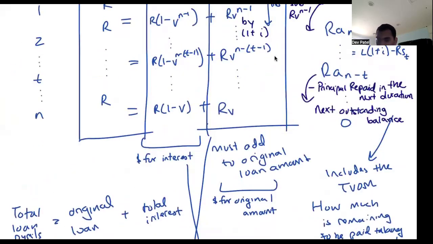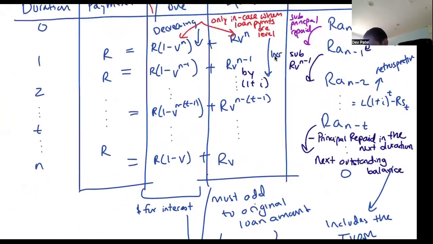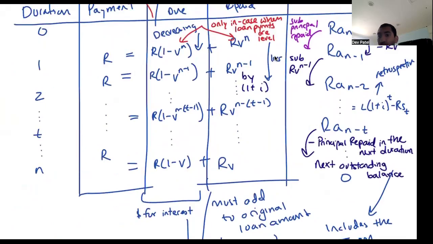Either method that you use, you should get the same amount, which refers to the present value of the future payments, or the amount that still remains to be paid of the original loan amount.